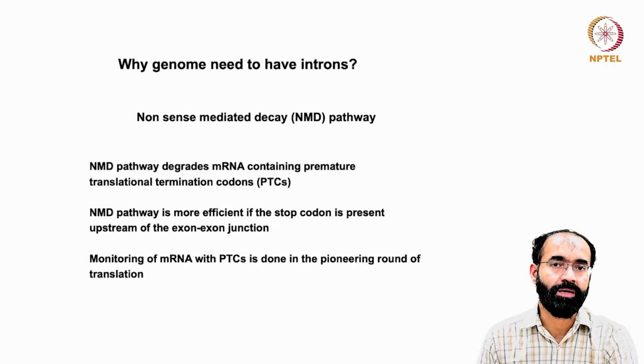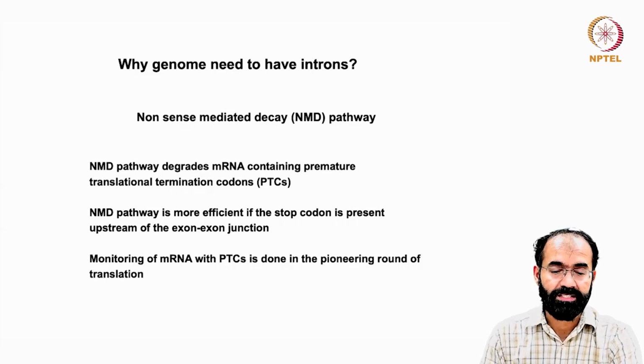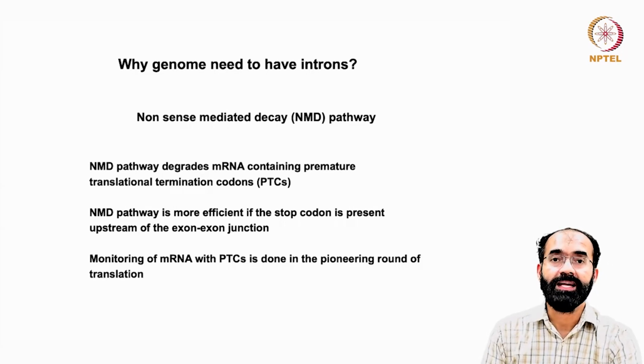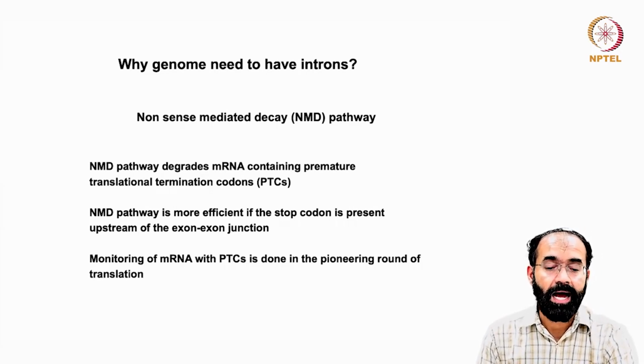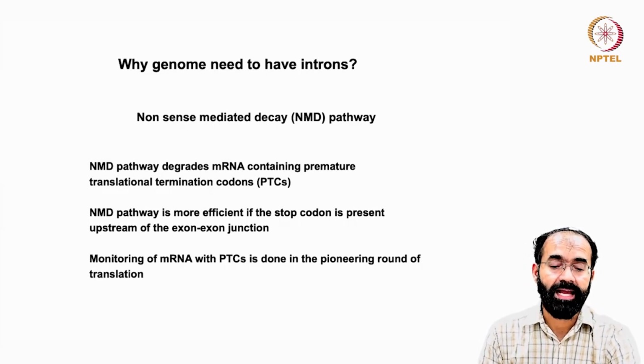One junction is between exon 1 and exon 2, and the second junction is between exon 2 and exon 3. So in the mature mRNA, some identity should be there of where the exon boundary was. So here the NMD pathway efficiently works if the stop codon is present upstream of the exon junction.